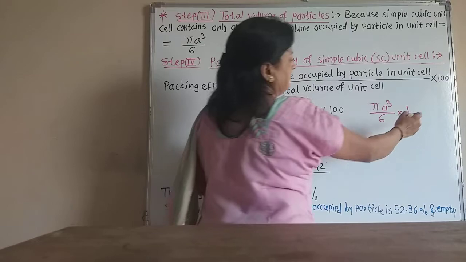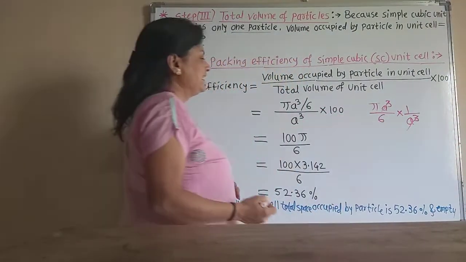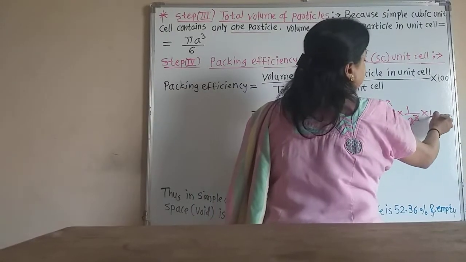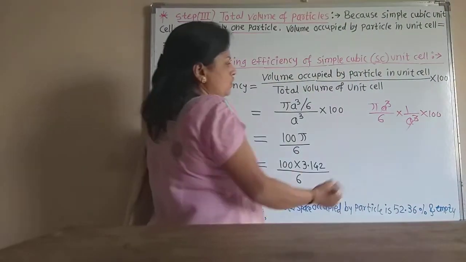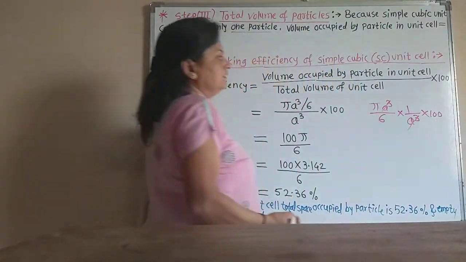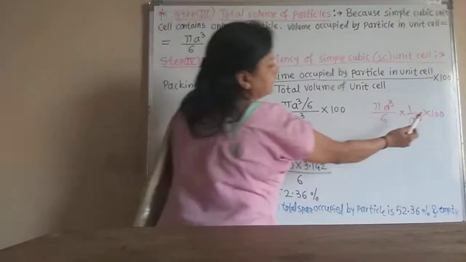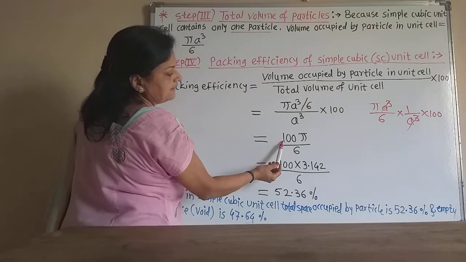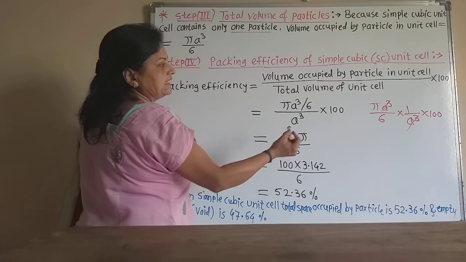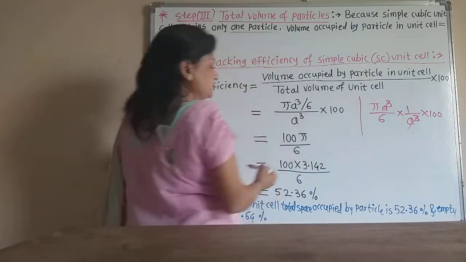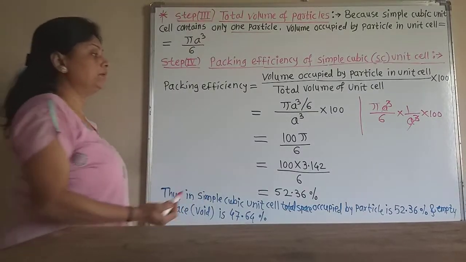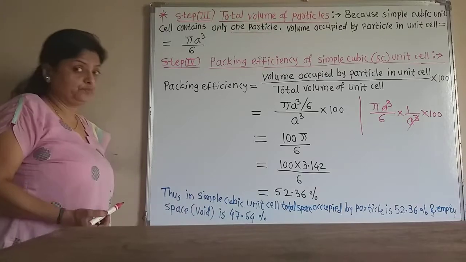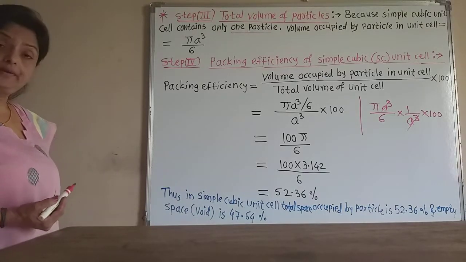Now this a cube gets cancelled, and this 100 is again multiplied by it. So what is remaining is only 100 into pi divided by 6. Now the value of pi, we know, is 3.142.